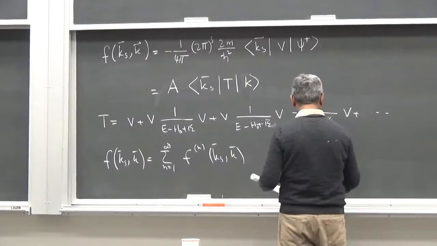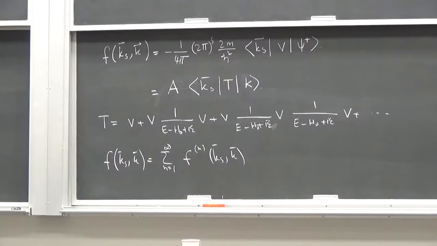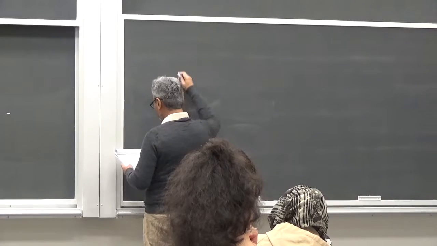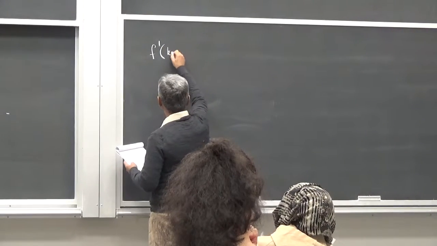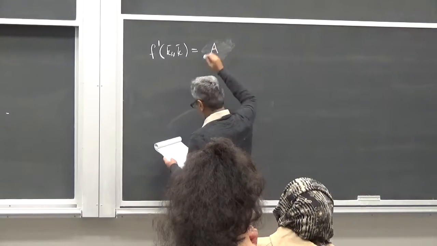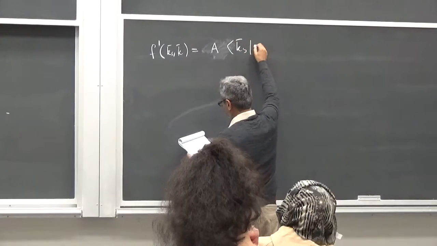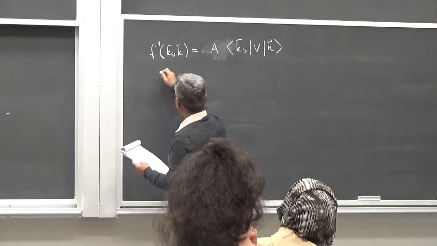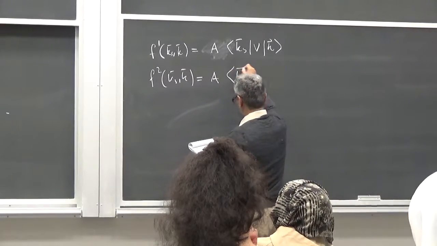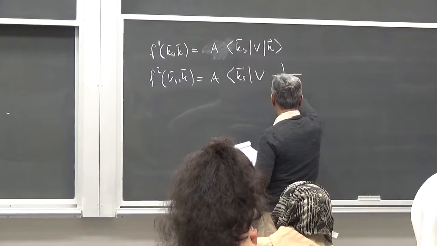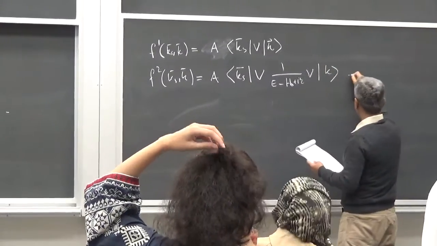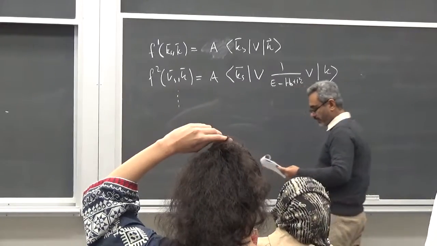So, for example, f1 ks k would be minus 1 over 4 pi of a, it would just be a, and ks be k, f2 ks k is going to be a, ks be 1 over e minus h naught plus I epsilon v k, and so on and so forth, right? So you can just keep on going to the nth order.